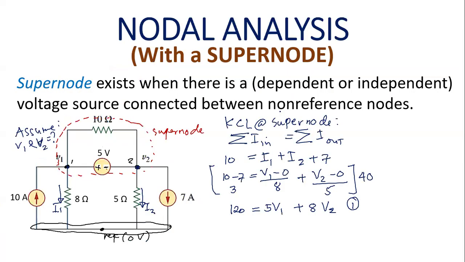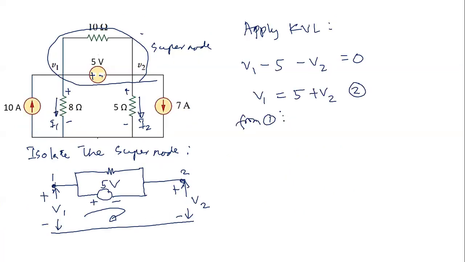We have here the equation 1 as 120 equals 5V1 plus 8V2. So we'll have 120 equals 5V1 plus 8V2.